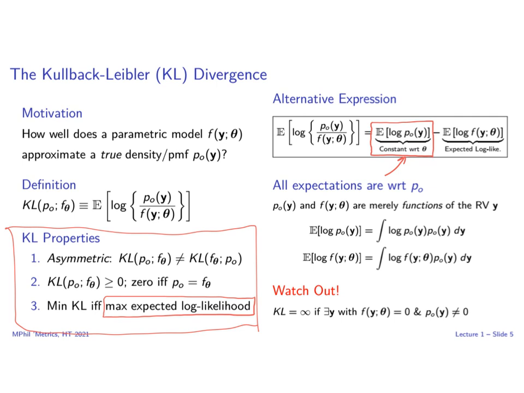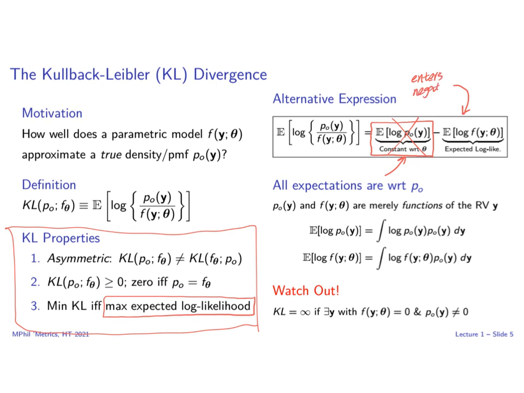What that means is, if we were trying to choose theta to make the Kullback-Leibler divergence as small as possible, to pick the value of theta such that under our parametric model, we did the best possible job of approximating the true distribution using f, then we would discover that that first term plays no role in the optimization. As a consequence, we can just ignore it and state that minimizing the Kullback-Leibler divergence is exactly the same thing as maximizing the expected log likelihood.